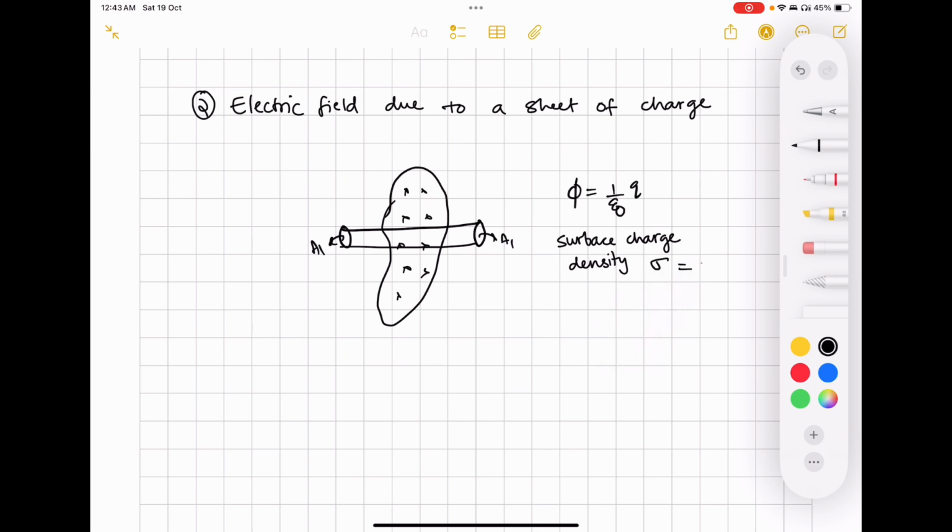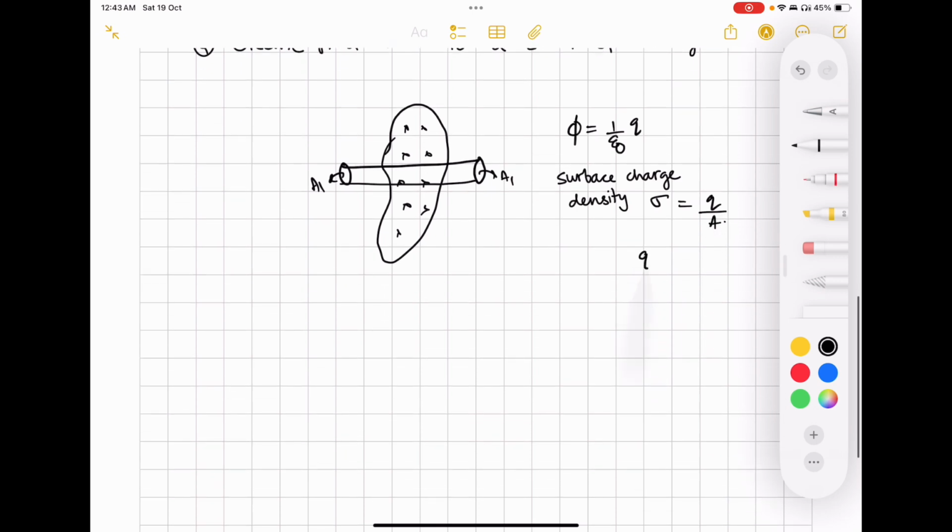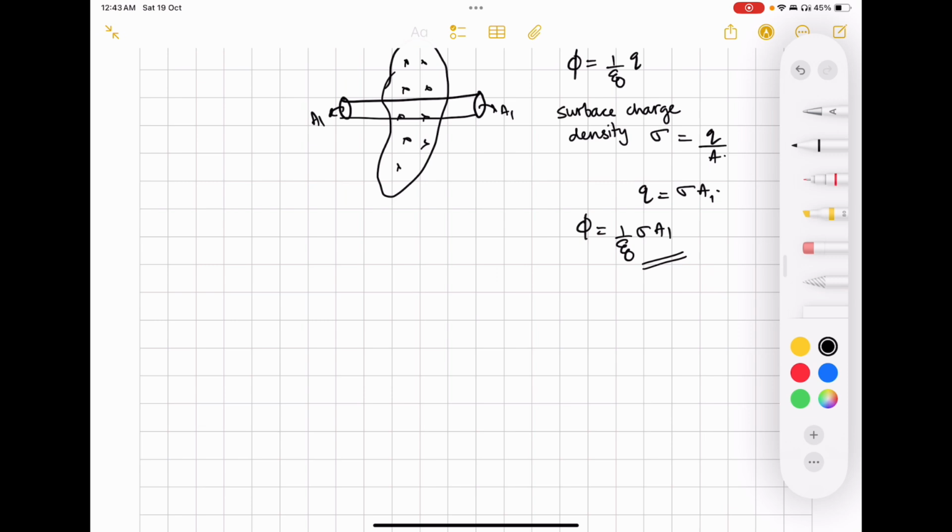Sigma is equal to total charge per area. So we can write Q is equal to sigma into A1, and phi is equal to 1 by epsilon 0 sigma A1. This is the flux from Gauss law. Now we have flux phi is equal to E A cos theta.